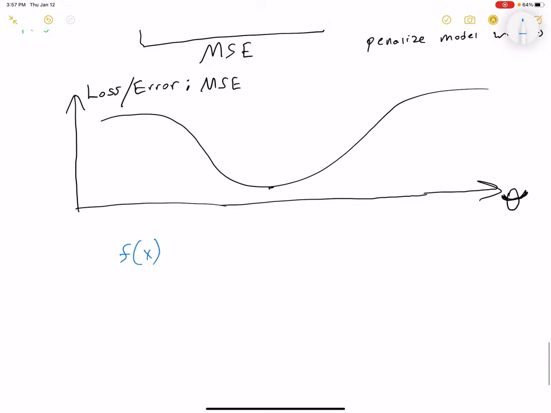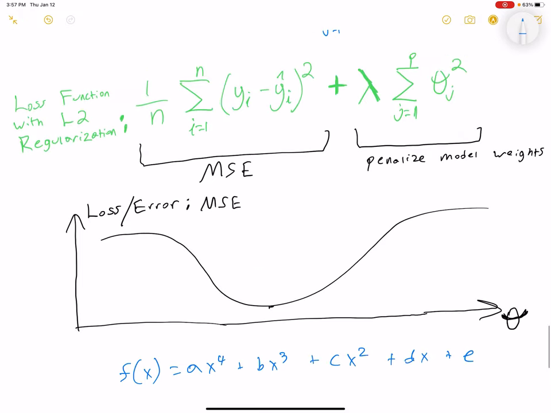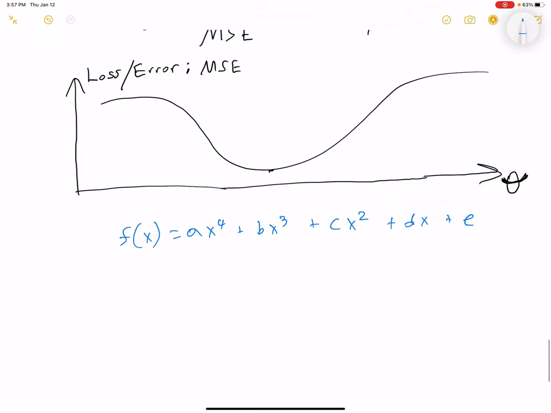If you have a x to the fourth plus b x cubed plus c x squared plus d x plus e, if a, b, c, d, and e have high values, you're going to add that to the loss function, and therefore it's not going to be minimal anymore if you have a lot of large values for these.